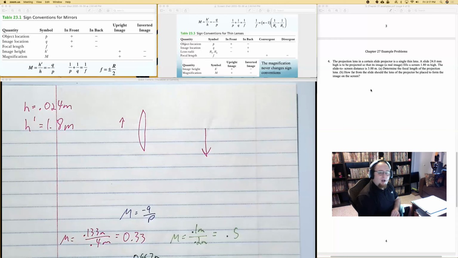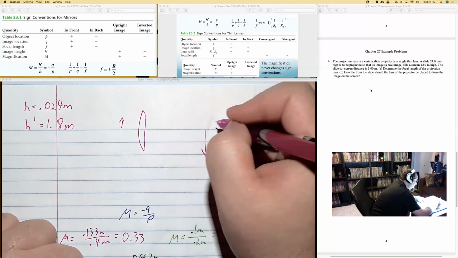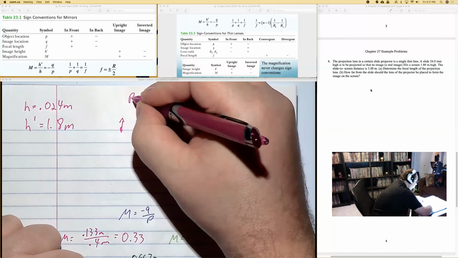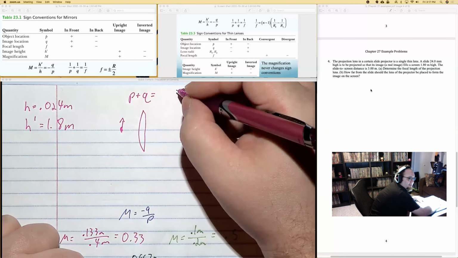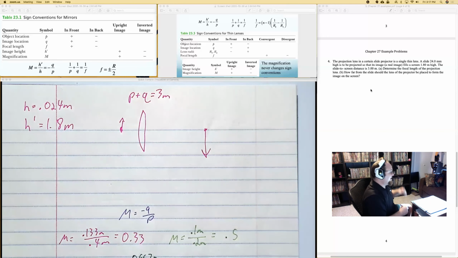But the slide to screen difference, that's not Q, that's not P. That's from my object to my image. So I'm going to say P plus Q is that distance I gave, 3 meters. Because I don't say the distance from the object to the lens or the lens to the image.